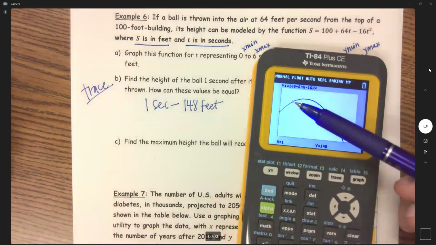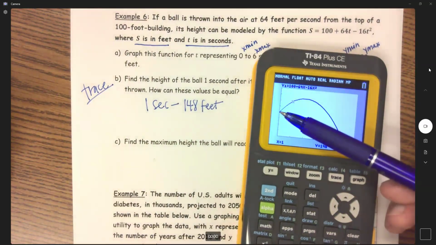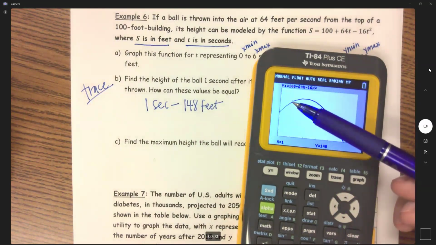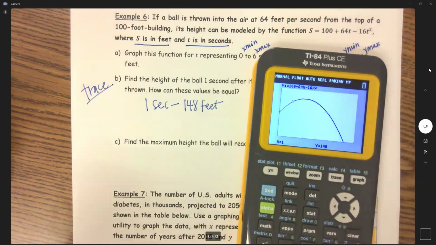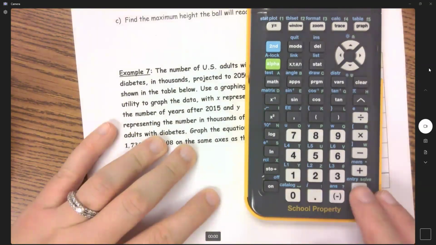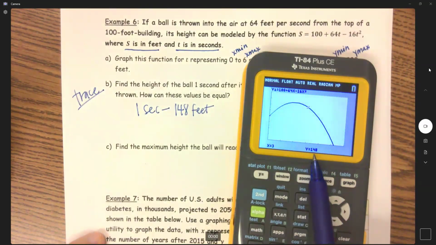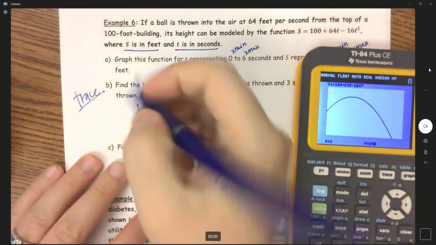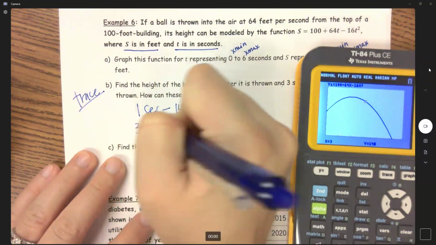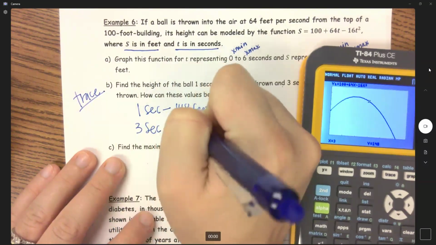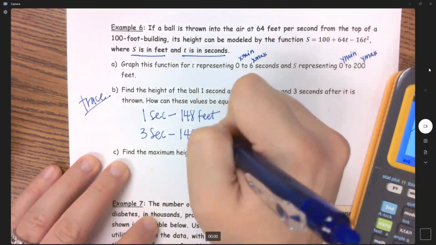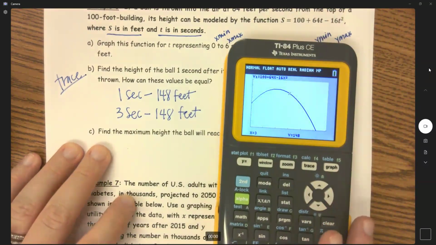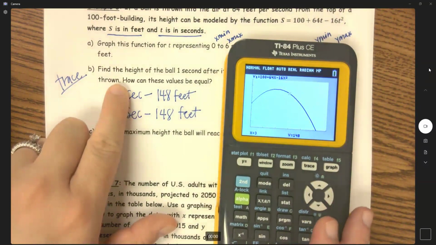And you can see where that ball is right there. So after 1 second, it went from the start to right here. I've already hit trace, so I'm just going to hit 3, enter. And I also get 148, which is over here. Okay, now how can these be equal to each other?